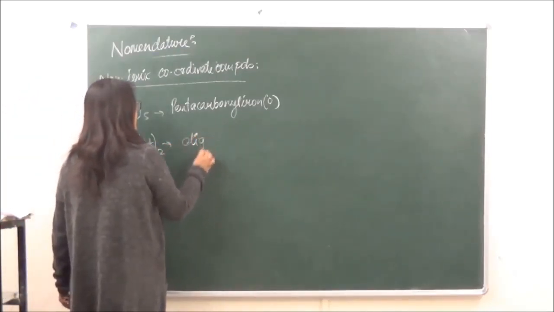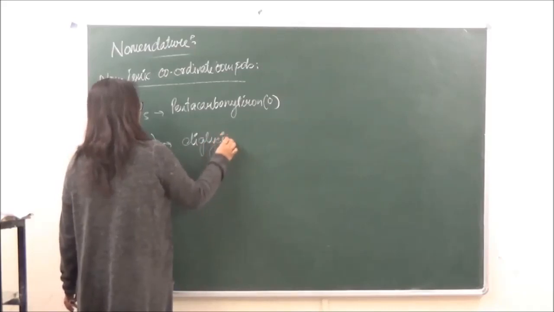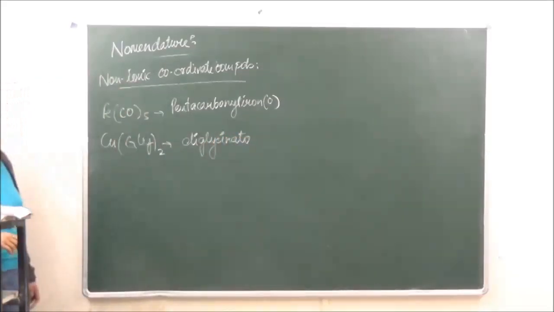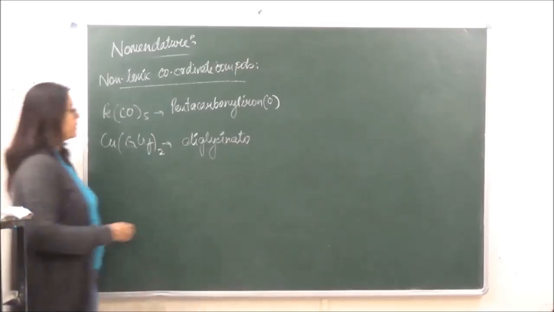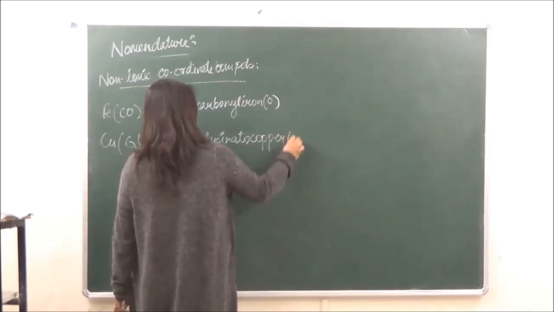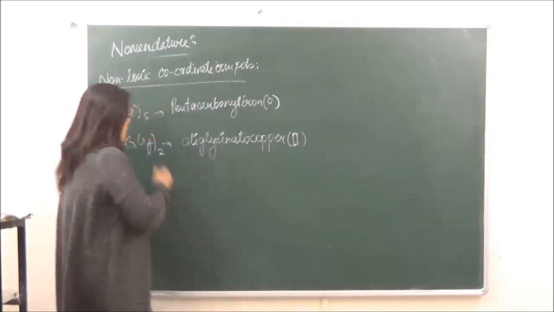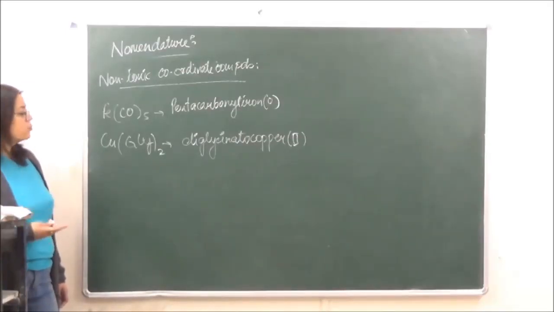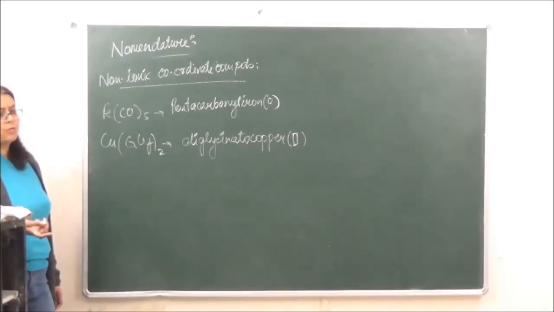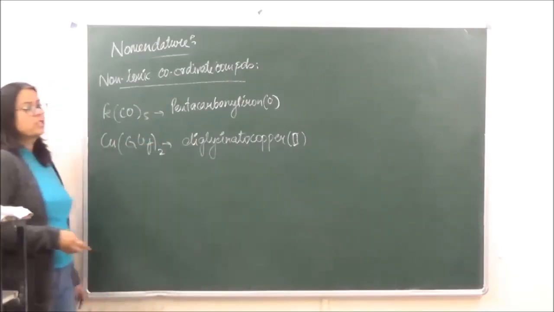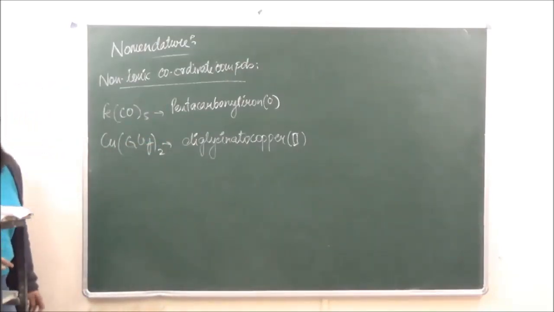We will write it as diglycinato copper(2). Glycinate has one negative charge, so there are two glycinate ions. 2 into one negative is going to be 2 negative, so copper is going to have an oxidation state of 2, right? Then we also have certain bridging groups.